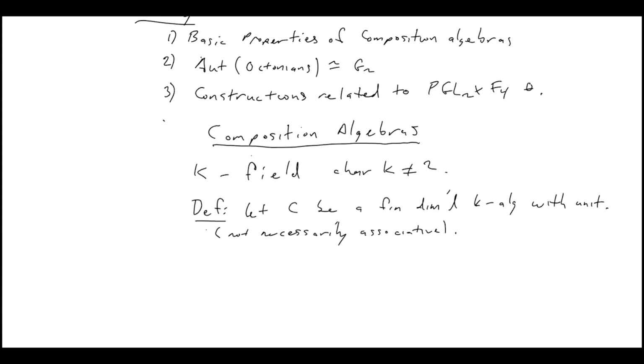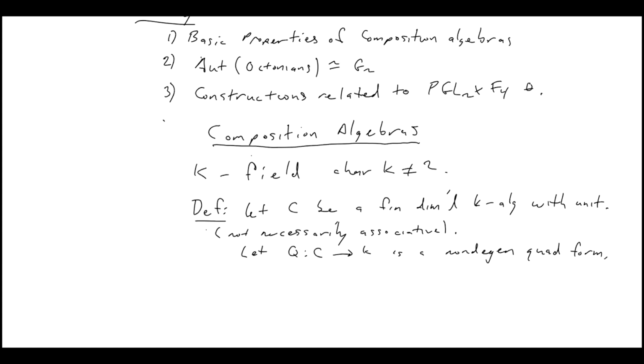And let's assume that we also have a quadratic form on C, a non-degenerate quadratic form. All right, so right now we have these two structures, a finite dimensional K-algebra with unit, not necessarily associative, and a non-degenerate quadratic form. And a composition algebra is going to come from the interaction between these two structures.